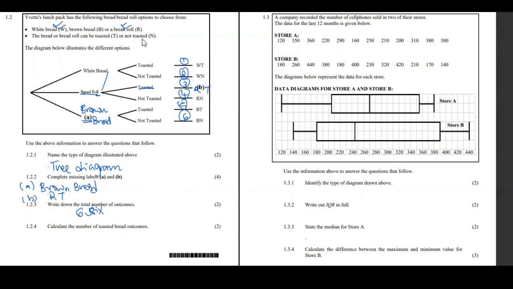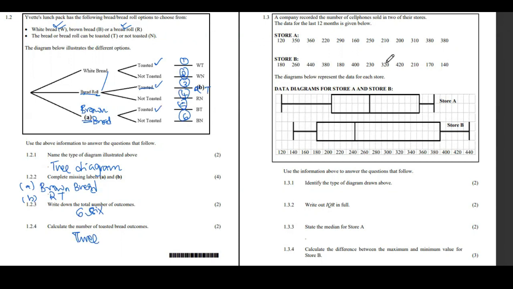Remember, we are looking at T, because T here looks at whether bread is toasted or not. So we shall come and count. We have 1, 2, and 3. So these are the 3 possible outcomes for that.